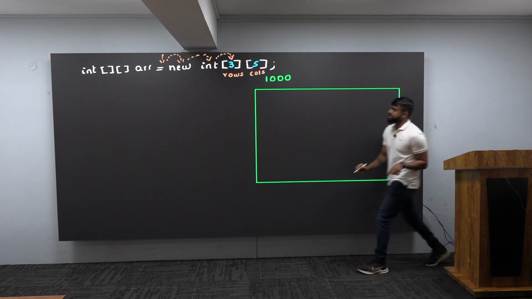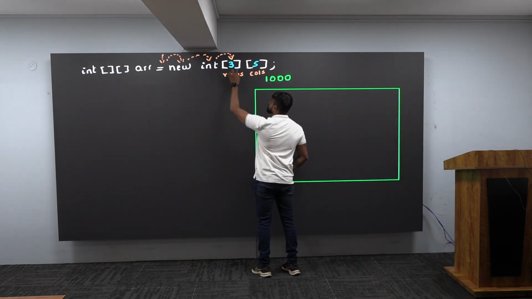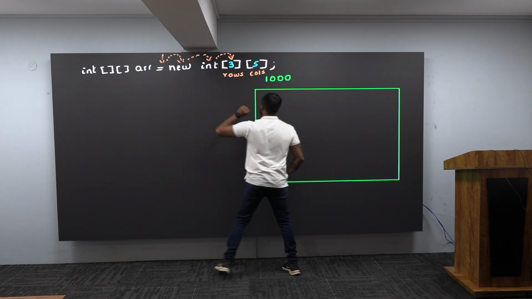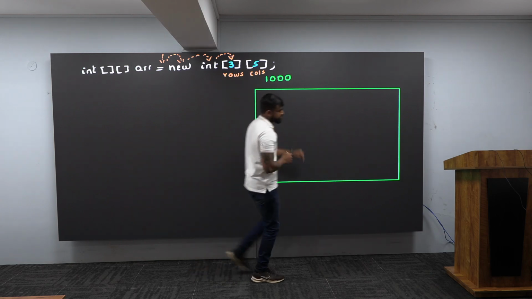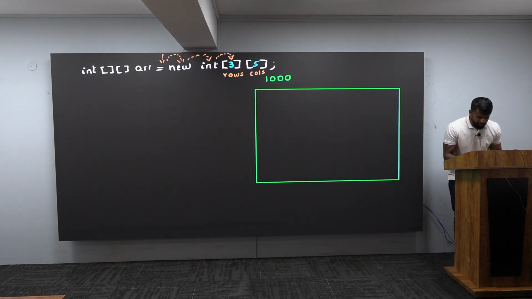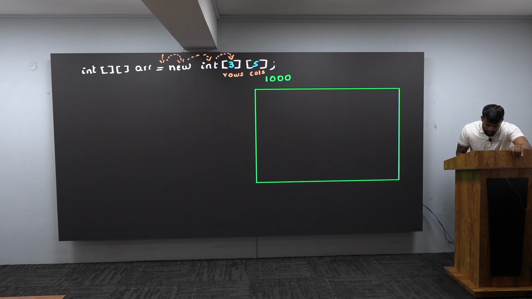Now, it will see 3. 3 is what? Rows. Means what it will do is, this entire object, it will split into 3 rows now. Really, sir. Watch it. So what it will do? This is my object. And this object, it will split into 3 rows. Now question arises, what do you mean by row?